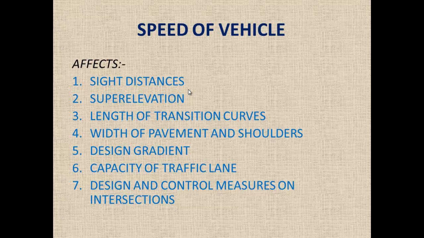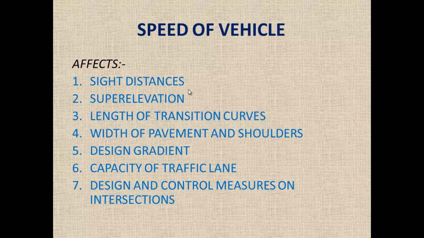The stopping sight distance means the distance required to see and perceive an object and act accordingly, in order to sight and react to an object, or in order to stop a vehicle before an imminent danger. Or it could be the overtaking sight distance, the sight distance required to overtake a vehicle.